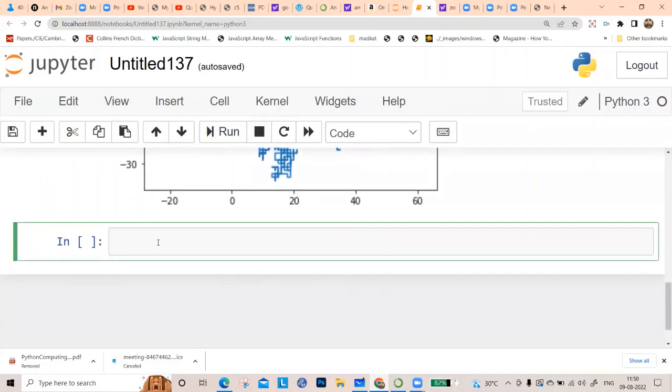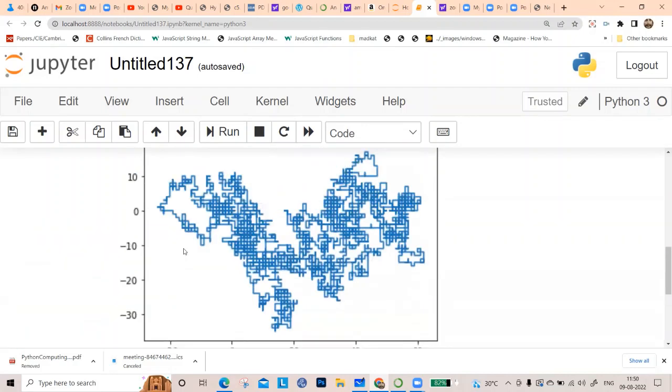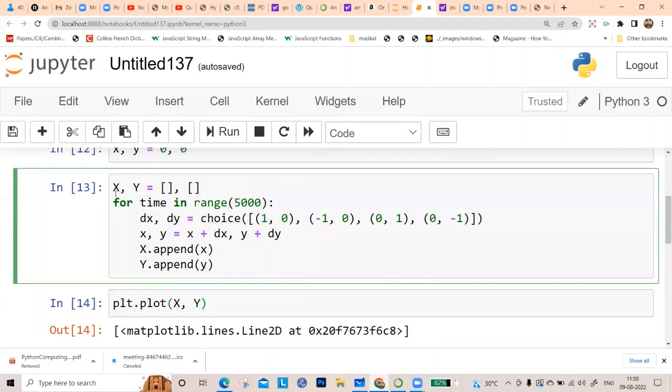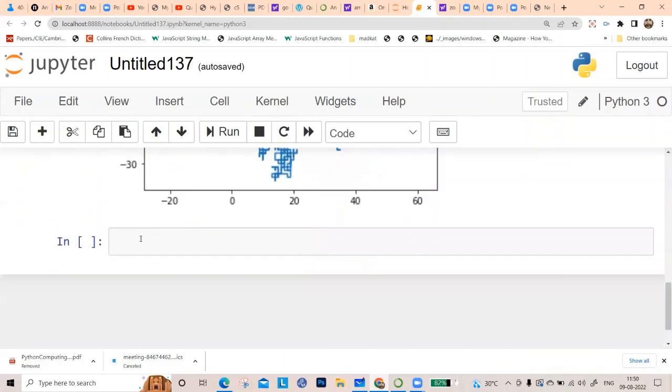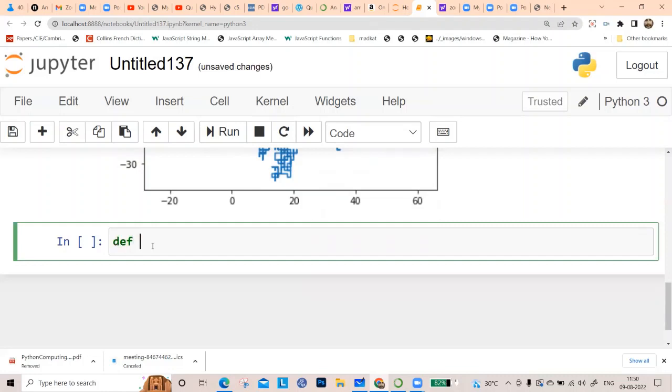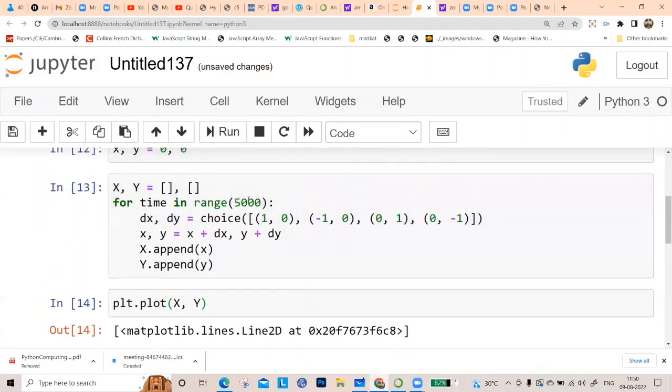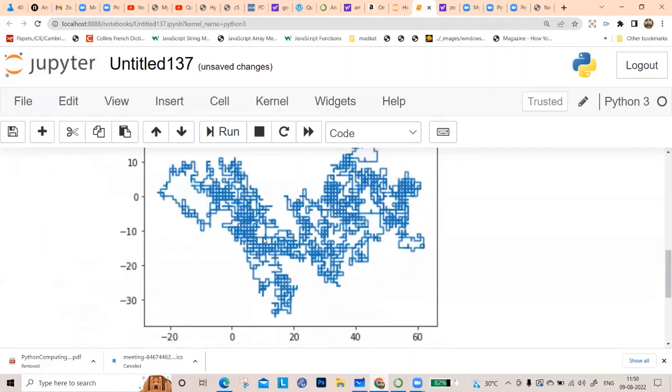To calculate those things, let me write this entire thing inside a function. It will be easy for me. Let me define a function called walk, and I give the number of steps. In this case it was steps equal to 5,000, but I can give anything.